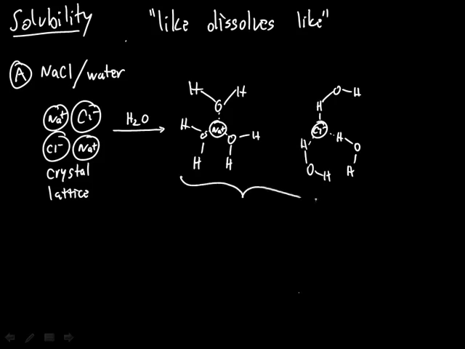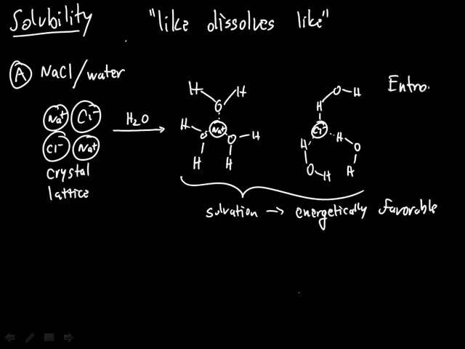This process is known as solvation, and it's energetically favorable. And thus, the energy of solvation makes up for the lost energy of crystal lattice and makes the overall dissolution energetically favorable. Another factor that is important is entropy. If we think about crystal lattice, it's a very ordered system.